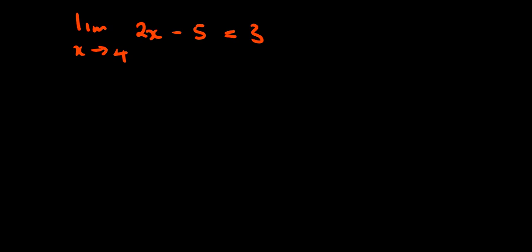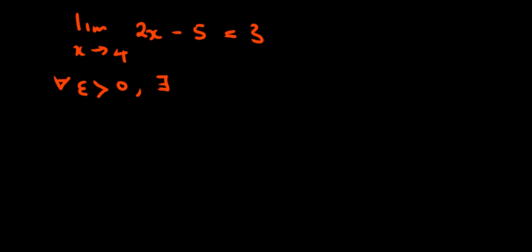So from the definition, we'll say for all epsilon greater than 0, then there exists. So this inverted e or backwards e means there exists.